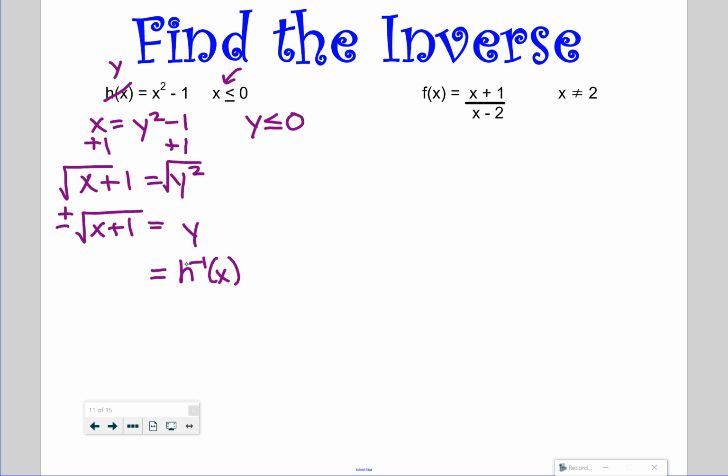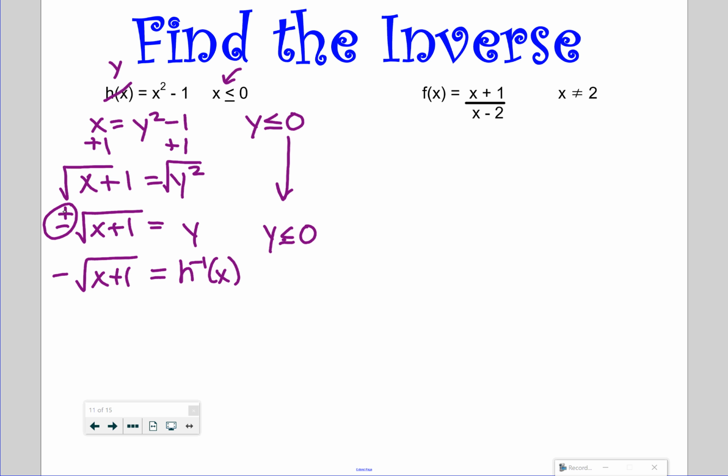And then let's talk about this y less than or equal to 0. Okay, that actually helps us with this plus or minus here. We only want what comes out of this equation to be less than or equal to 0, meaning 0 or negative. And that tells us instead of a plus or a minus, we only use the minus here, because we only want negative values to come out.